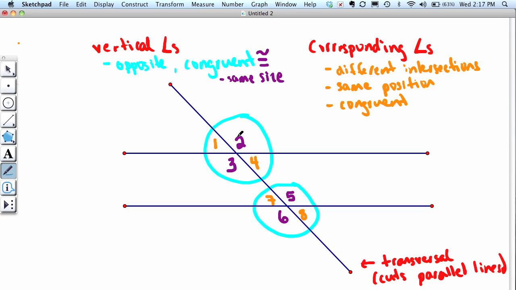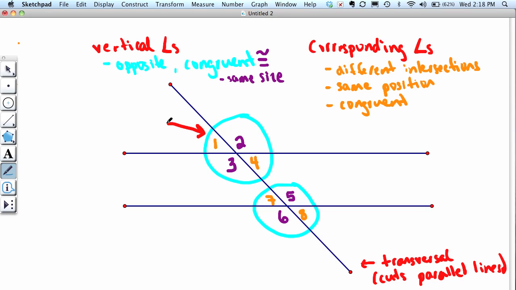So once again, if we look at the top angle here, we can see that we have 1, 2, 3, 4 angles in the top intersection, and we have 1, 2, 3, 4 angles in the bottom section. If we look at angle number 1, it is in the top left section of this intersection.